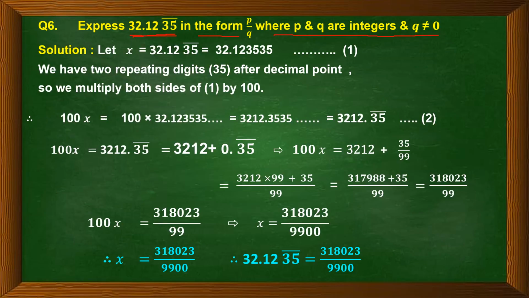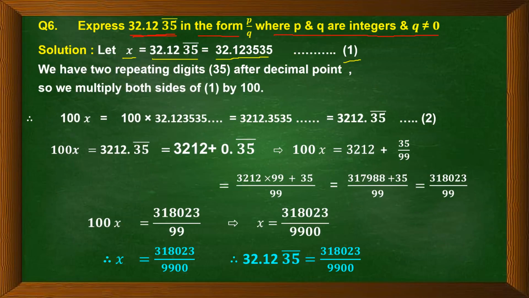So we are going to combine both the methods, the first and the second method, that is assuming x and the rule method, to solve this question. So let's start by assuming x is equal to 32.1235 under bar. 35 is being repeated, so we can write 32.123535. So this is our first equation.